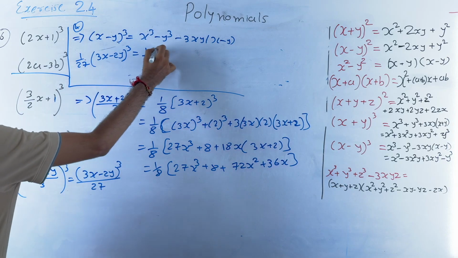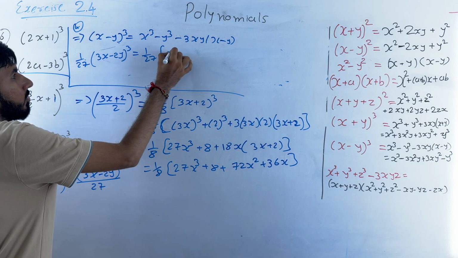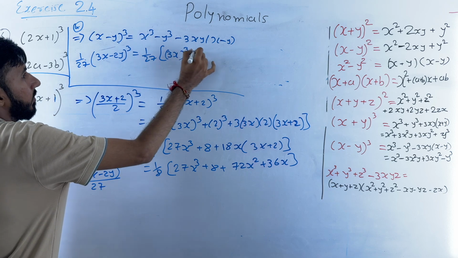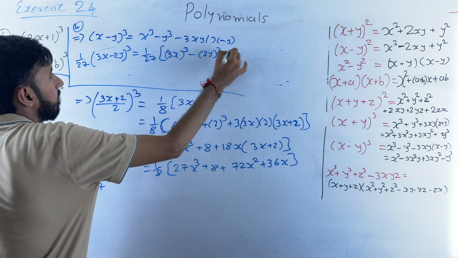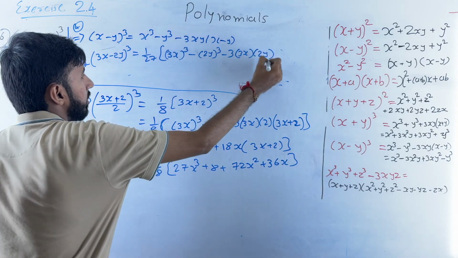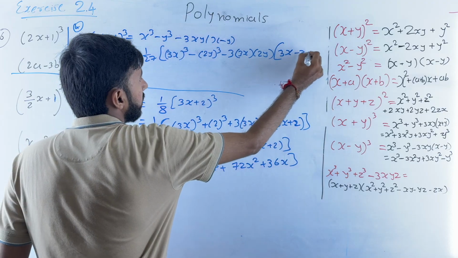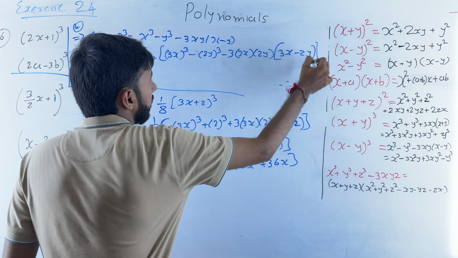It will look like 1 by 27 in the bracket, x is equal to 3x, y is equal to 2y. So (3x) cube minus (2y) cube minus 3 in the bracket 3x in the bracket 2y, and in another bracket I have to add 3x minus 2y, right? This will be my answer.